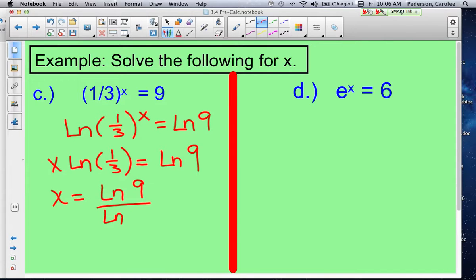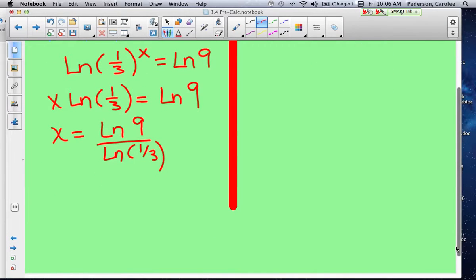Be careful with that denominator's natural log. What does x equal? Do you want to do the other way? Want to show the other way?